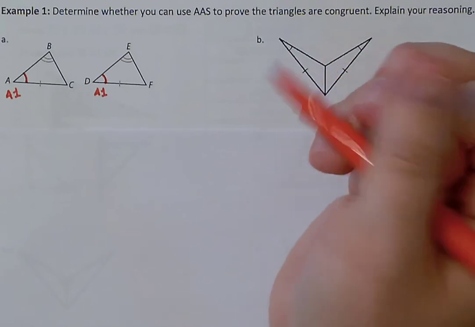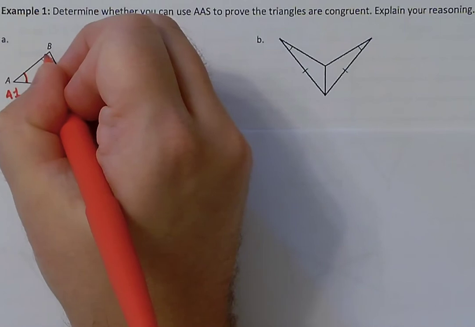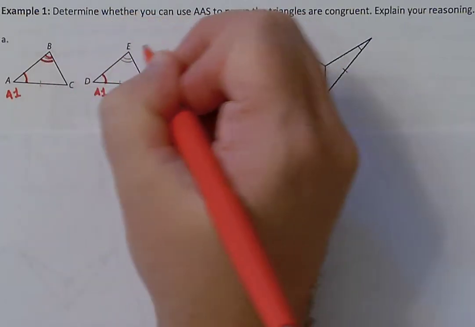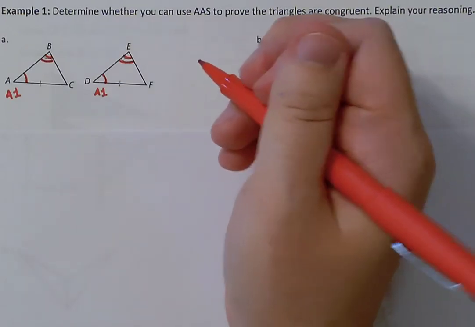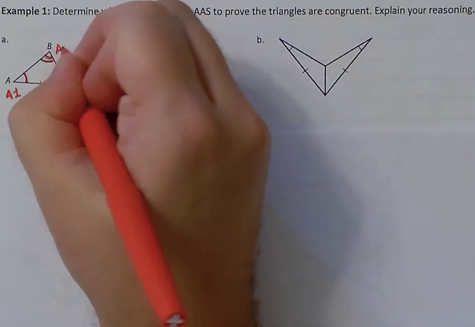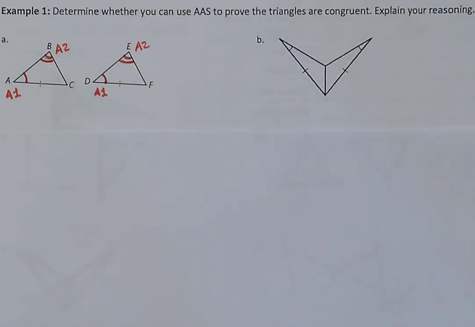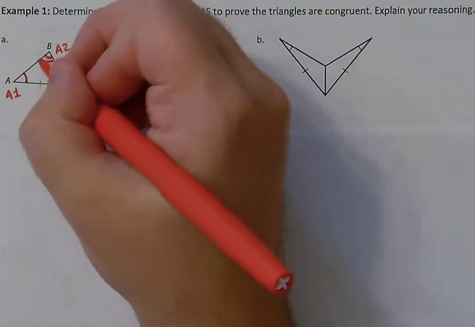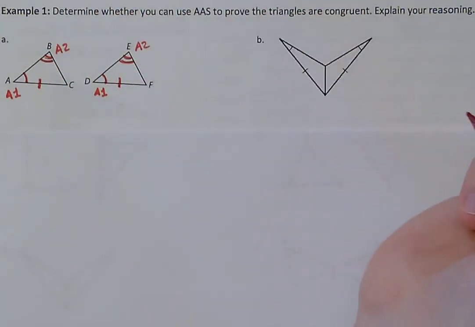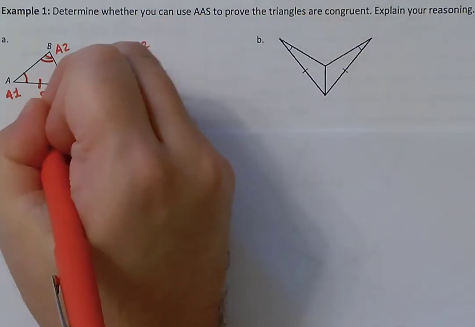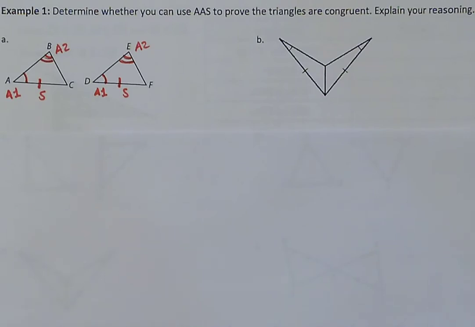Next, because we need to know that two angles are congruent, I know that angle B is congruent to angle E based off the two congruent marks. So this is my angle 2. And then lastly, they give me the side AC is congruent to the side DF. So I can say that AC is congruent to DF.